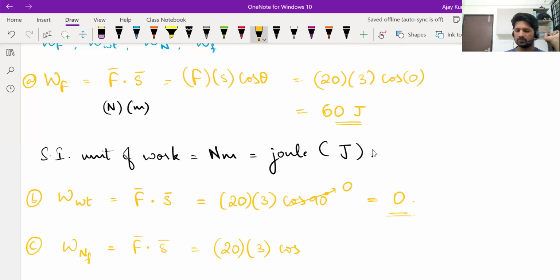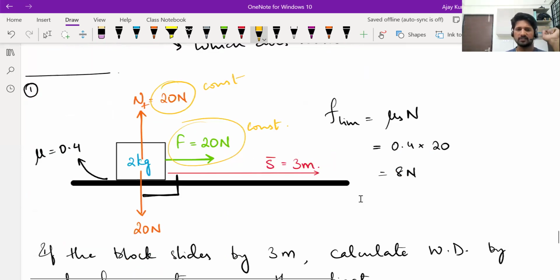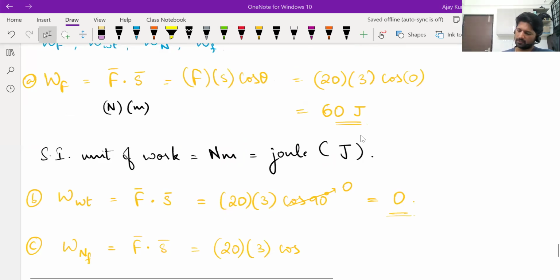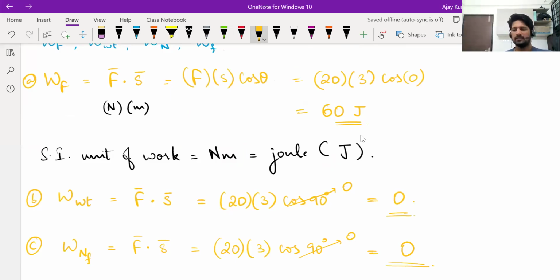Cos, what is the angle between normal force and the displacement? 90 degrees, correct. So the work done by normal force also becomes 0. Normal force is acting on the object, but it's not doing any work.